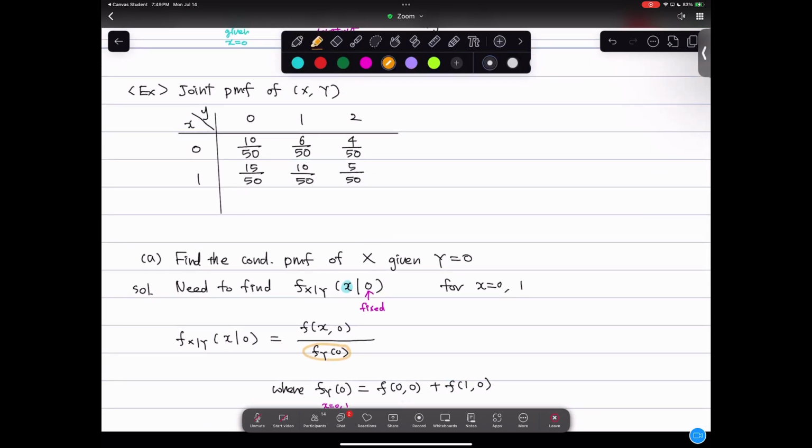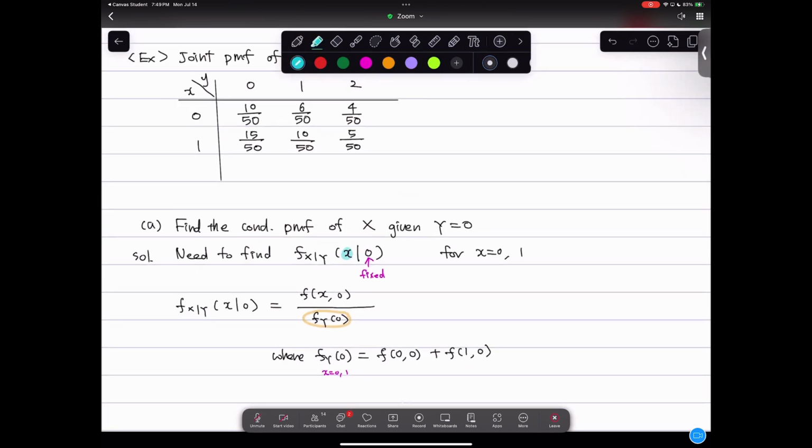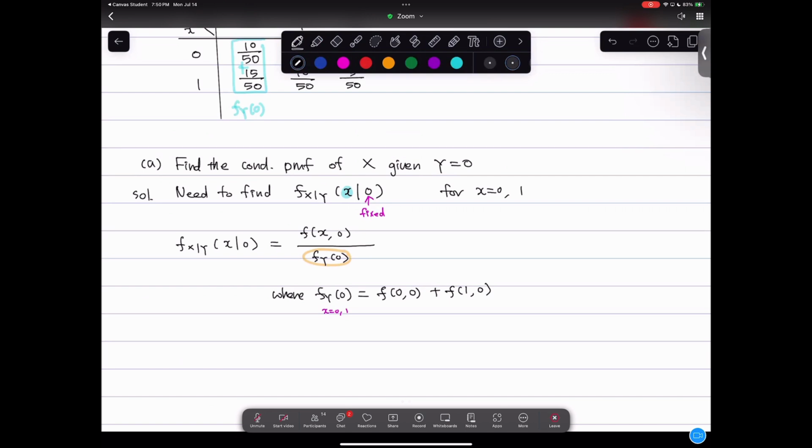I have x value of 0 and y value of 0. I want the marginal of 0, so I want these two added up together. That's my f of y of 0. So that's adding those two numbers, 10 over 50 and 15 over 50, which is 25 over 50, which is 1/2. So that's my denominator.